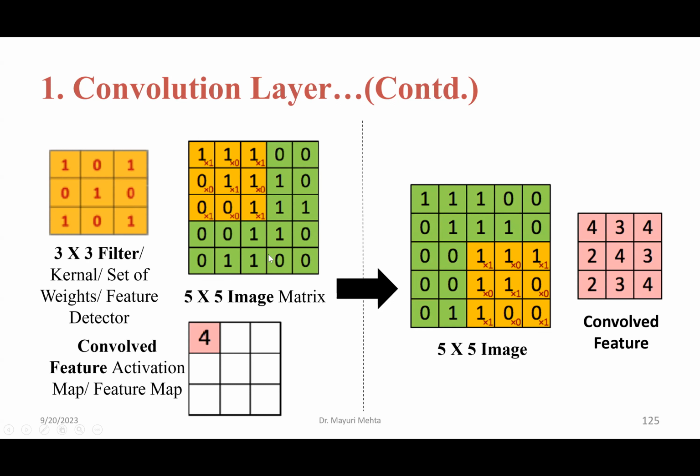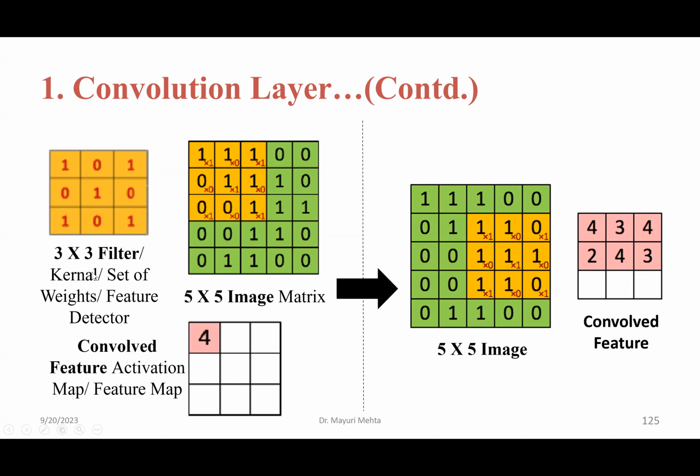So we can have three matrices if we are processing a color image. But let us assume that it has only one color channel, and the dimension is 5 cross 5 cross 1. So this 5 cross 5 matrix represents your input image.